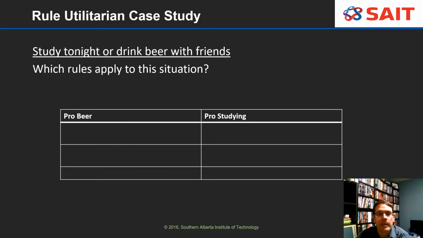What's different is, instead of evaluating a specific act, what we'll do is figure out which rules we can apply in this situation and then determine which of the rules will lead to the greatest utility. In other words, which rule will lead to the greatest happiness for the greatest number of people.